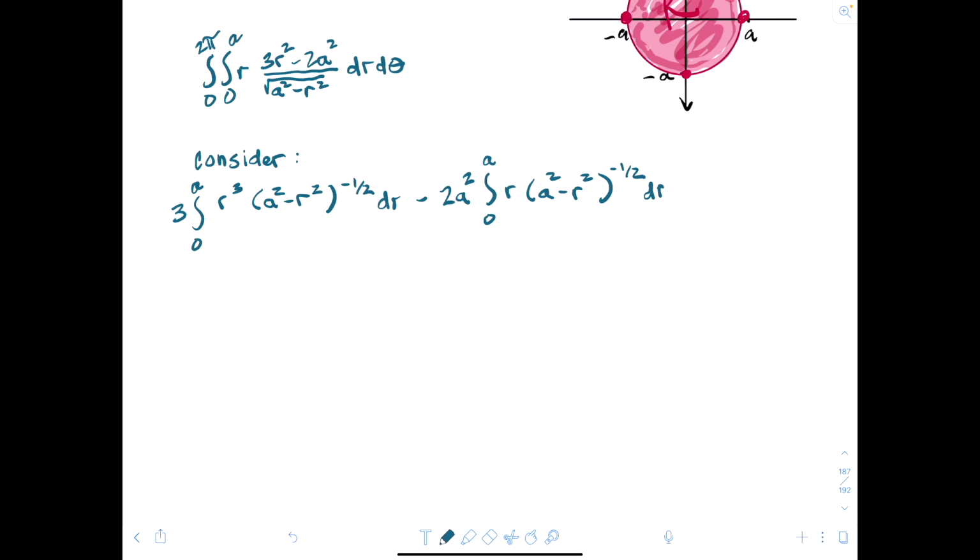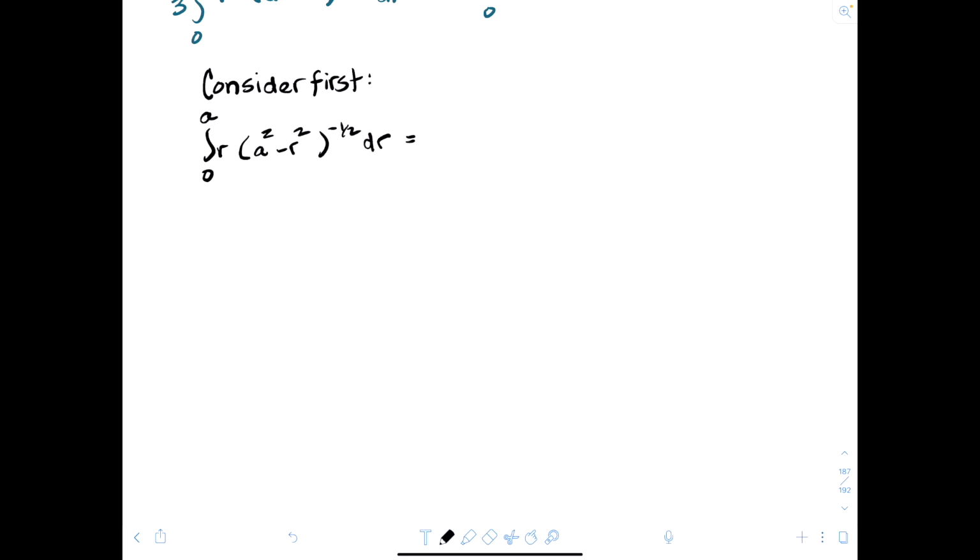We are first going to consider, the first one we'll have to do an integration by parts, but we're going to consider first the improper integral from 0 to a of r times a squared minus r squared to the negative 1/2 dr. Cool so far? So this is going to be an improper integral.